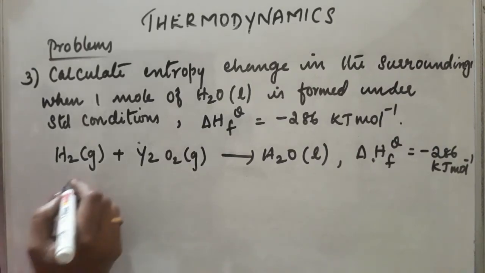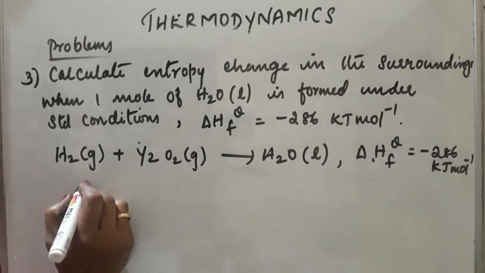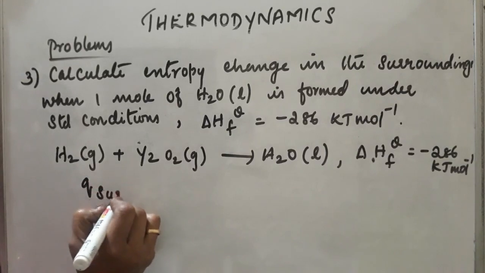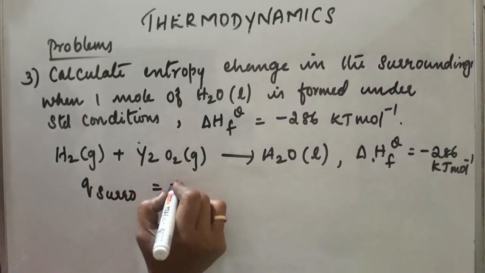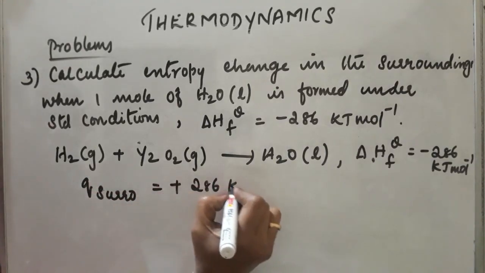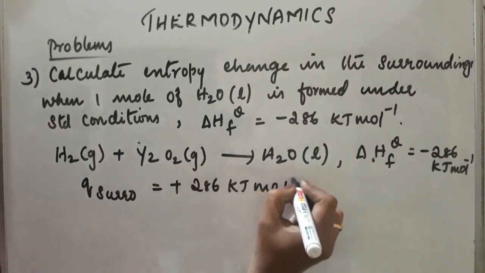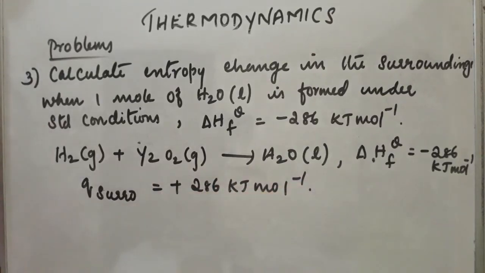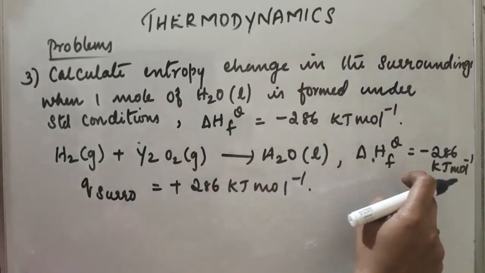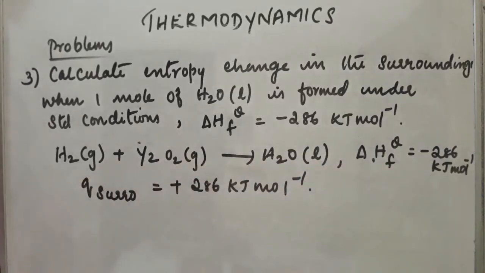So Q of surroundings will be equal to plus 286 kilojoule mole inverse. From the given equation, this much heat is evolved to the surroundings, so surroundings will absorb this much heat.